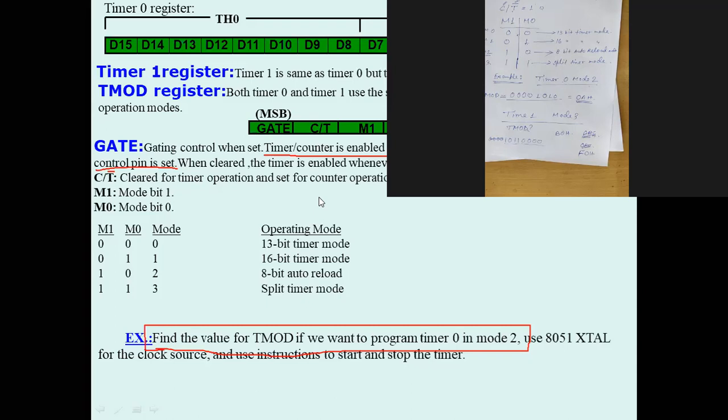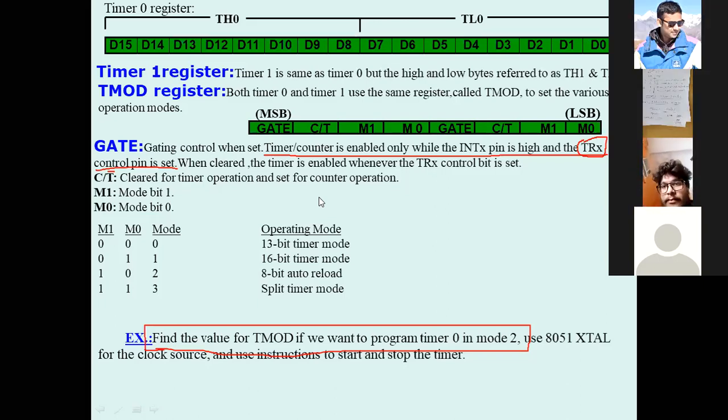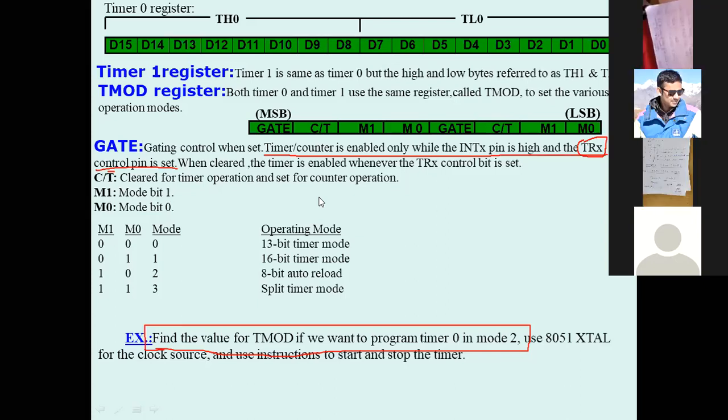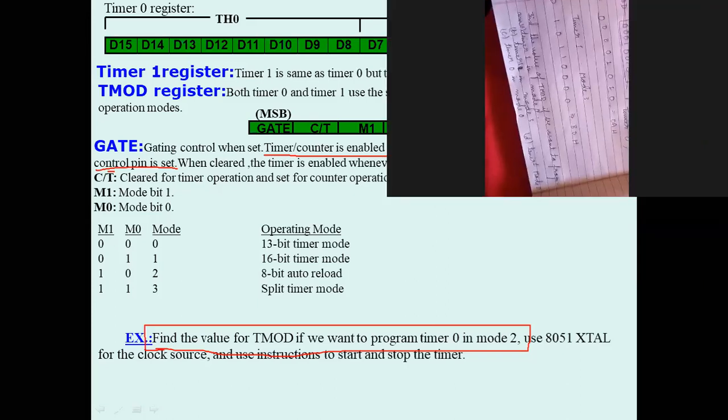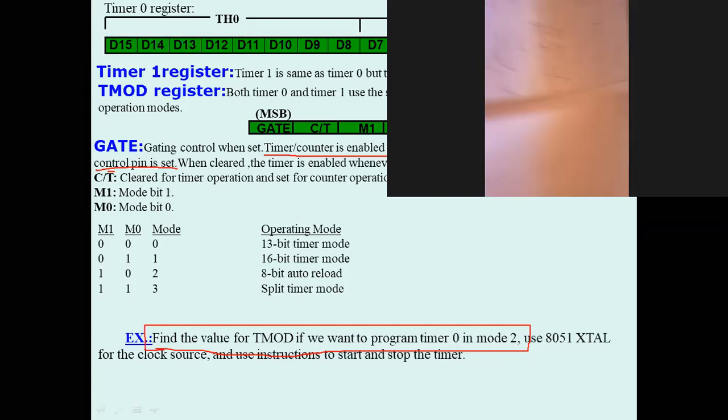Can anyone turn on their camera and show me the final question? Hold your camera steady.